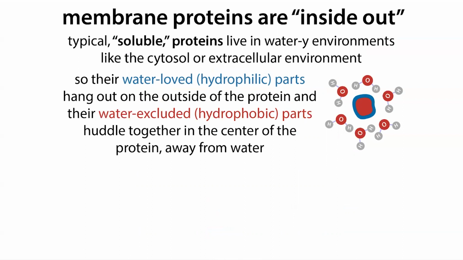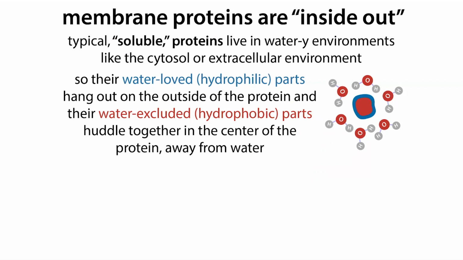So when we think about a typical soluble protein, when we talk about something being soluble, it means it's surrounded in a coat of the solvent. And so normally when we're thinking in biochemistry, we're thinking about proteins being in a watery or aqueous environment. This could be the inside of a cell, so your cytoplasm, or this could be outside of a cell, the extracellular environment.